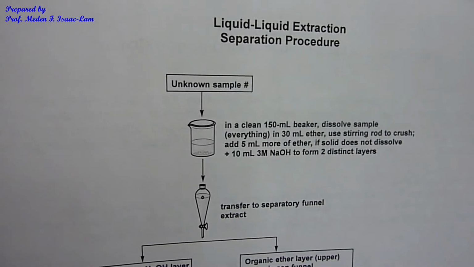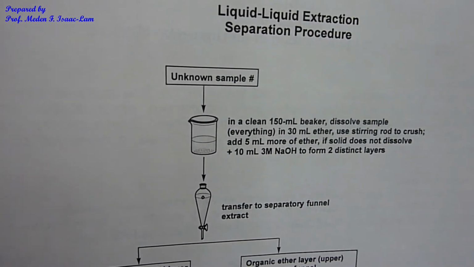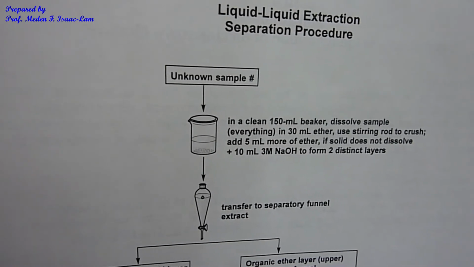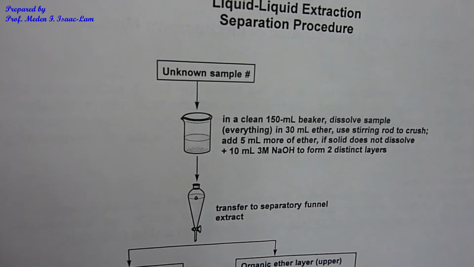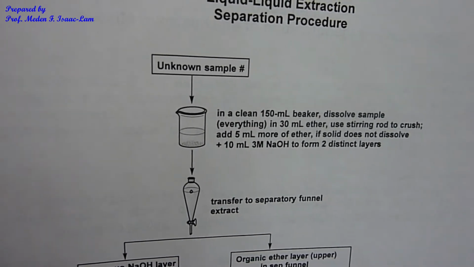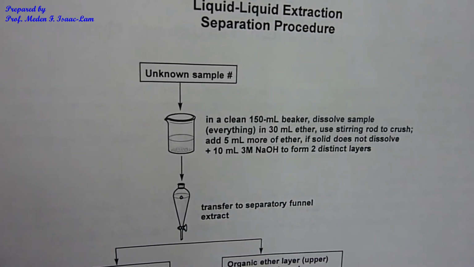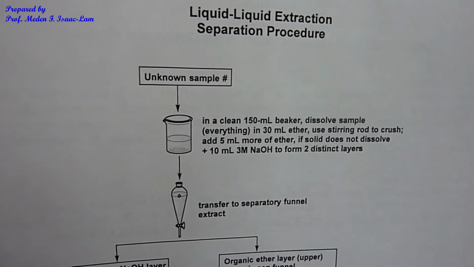Again, the first part, we'll start with the unknown. I'm gonna put it in a beaker, and then I'm gonna add solvent, which is ether, and then I'm going to add a base so that we can do the extraction. I'm gonna refer to this flow chart.